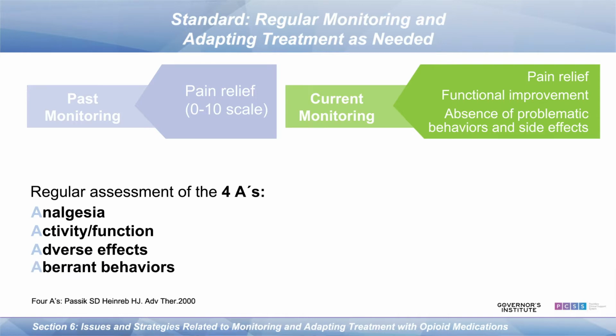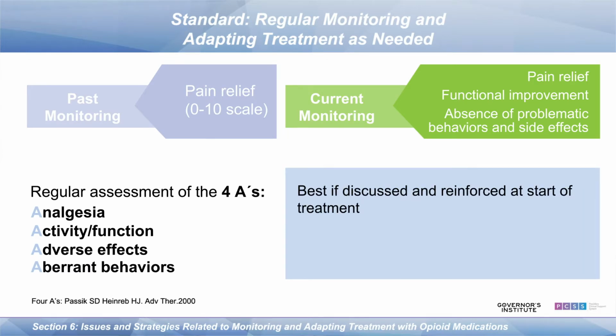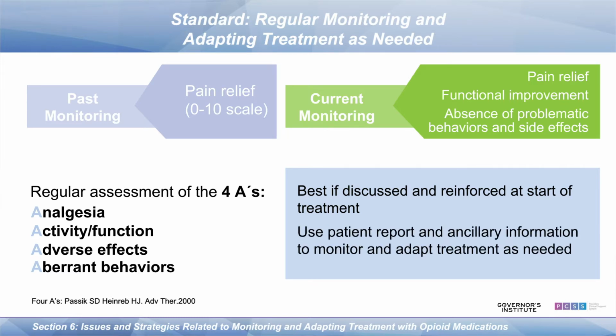As pointed out earlier, it is worth emphasizing that it is best to make this increased level of monitoring clear from the start of treatment with opioids, and that for adequate assessment, it is at times necessary to rely not just on patient report, but ancillary sources of information as well. To improve time effectiveness and consistency, this process can be facilitated by designing the medical record, whether paper or electronic, to prompt and adequately document the attention to these 4 A's.